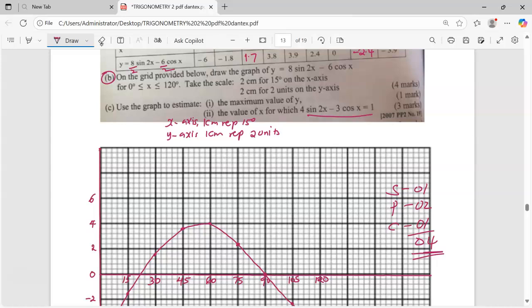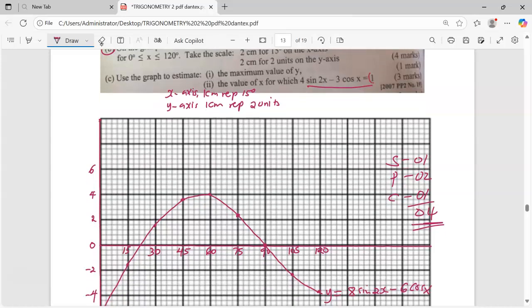In this case now we are going to go to where y is equal to 1, then draw a straight line. Where the line and the curve intersect will be our point. Remember, 1 is midway, and therefore we are going to put our line at half this point here.